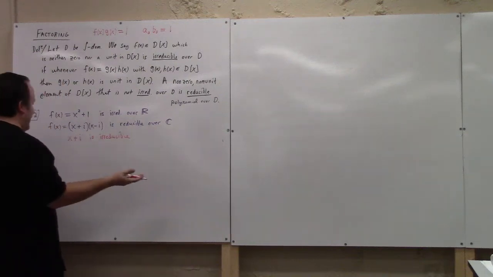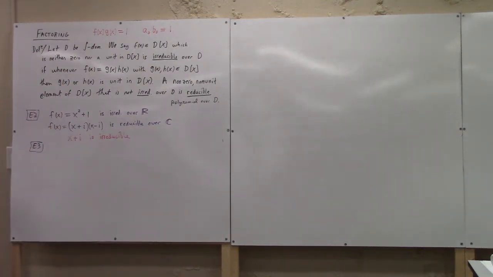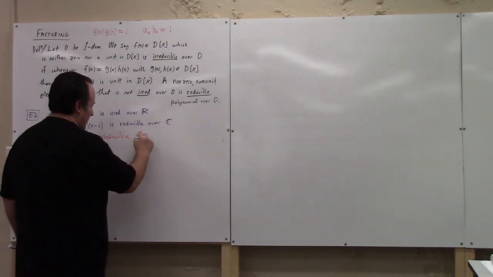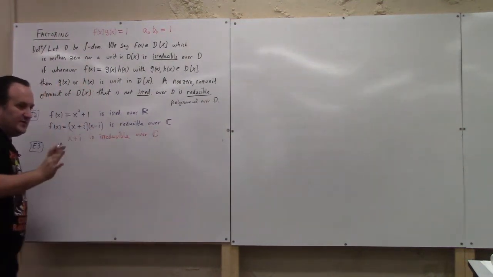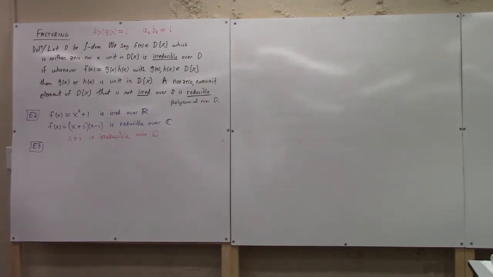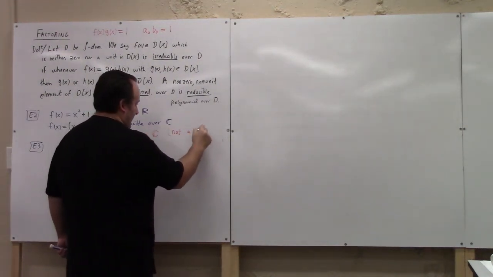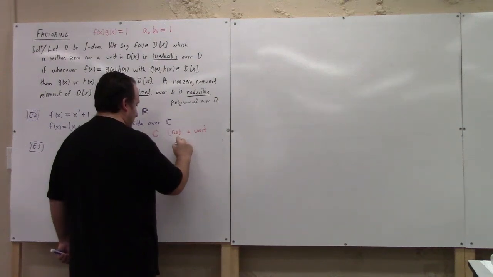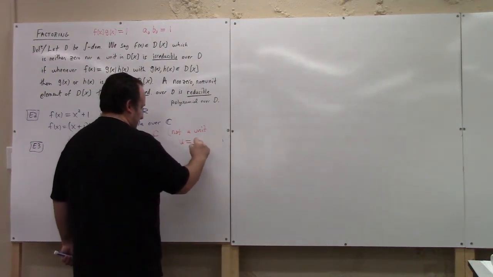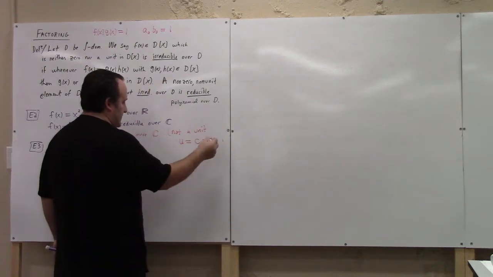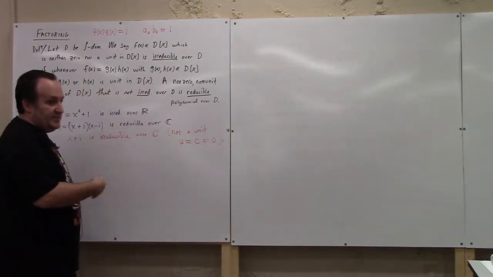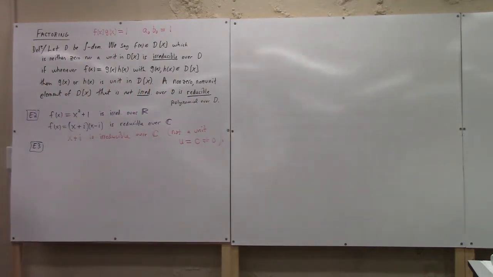That's something I can say in order to even enter the discussion of it being irreducible over C. I must first know that it's not a unit. But I know that x plus i is not a unit because the units look like u equal to a constant which is not equal to 0. It's just a constant polynomial. Those are the units.